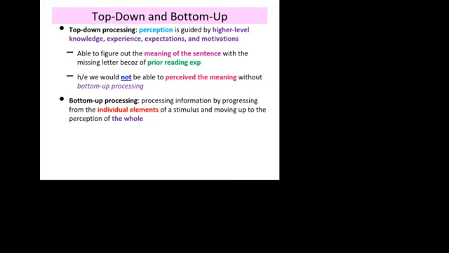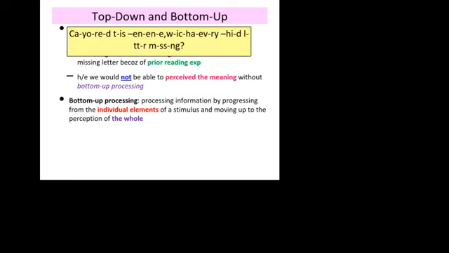Top-down is from general to specific. That means if we have all the information, if we have the experience, then we could use all this information to understand something specific. That's basically what it says. For example, if I give you this message to read, if you do not have the top-down information, if you do not have experience or knowledge about the alphabet, maybe you have never seen this before, you may struggle to understand the message.